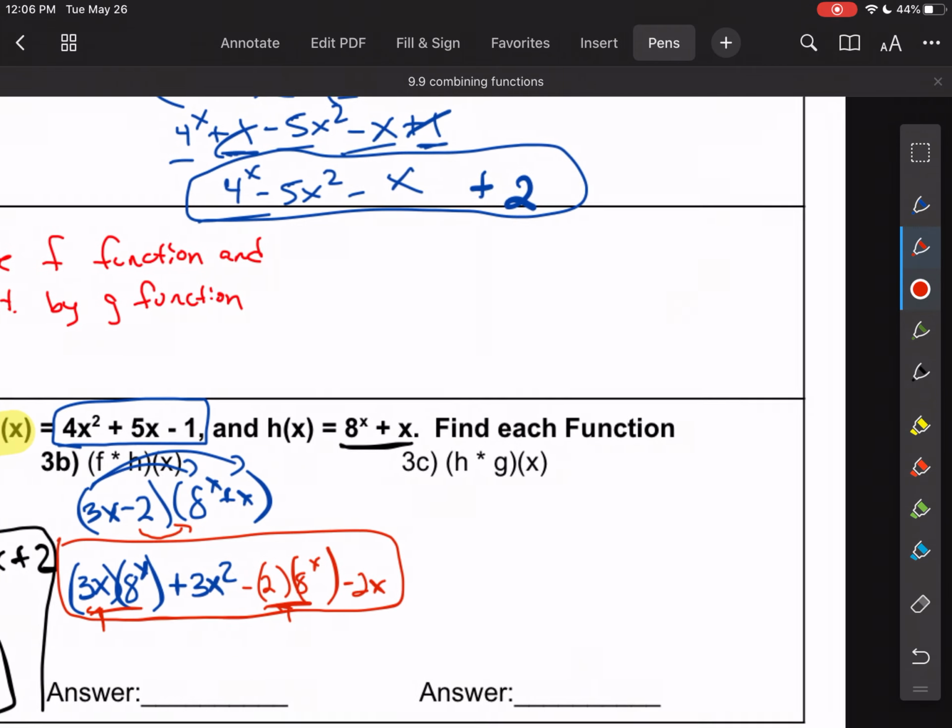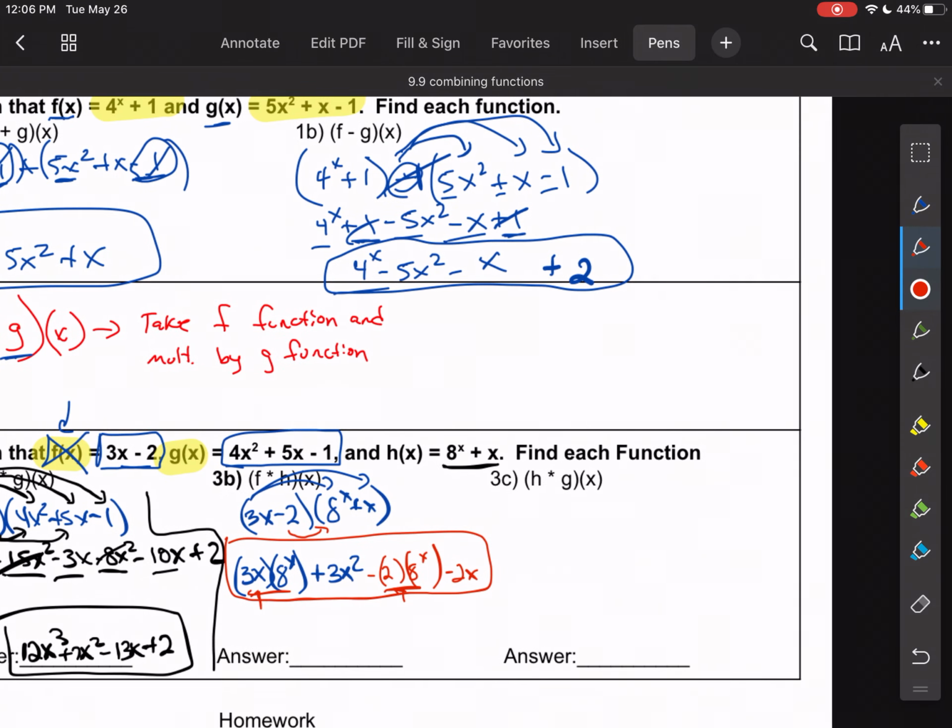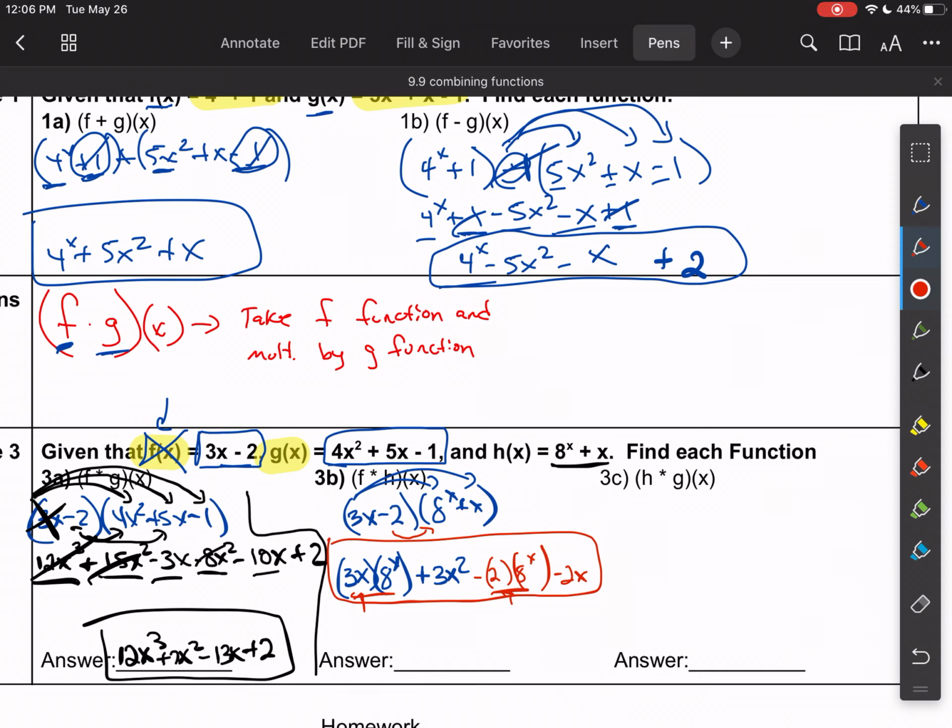Okay, let me zoom out here real quick. Zoom in here on 3c, which is taking h times g of x. Again, this is weird because the h function is this exponential. So I'll take that exponential and multiply it by my g function, which is this guy. But again, when I go to multiply this out, don't try to combine it.